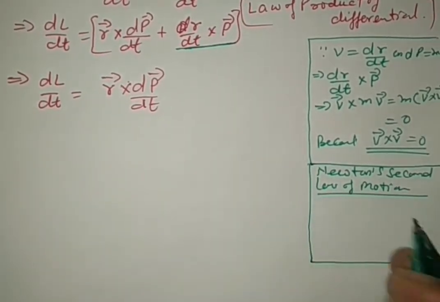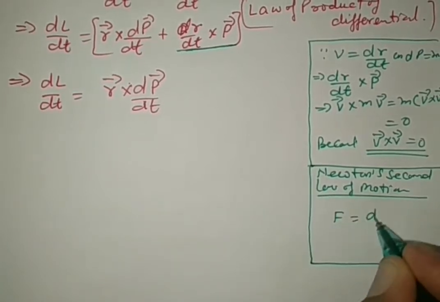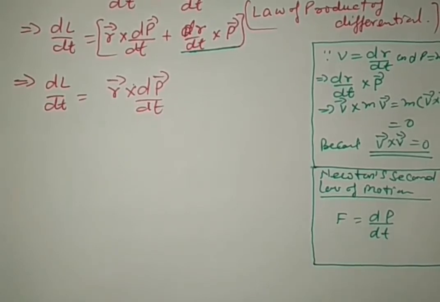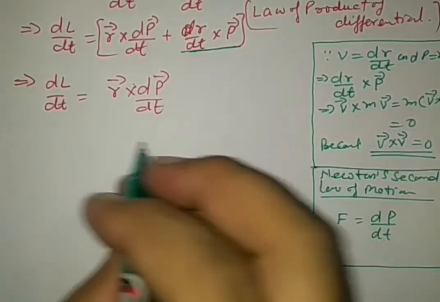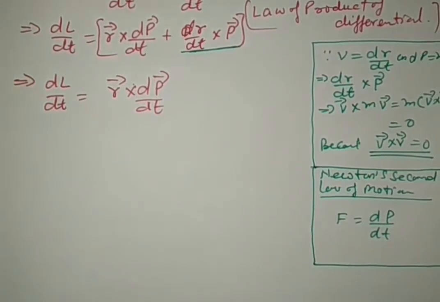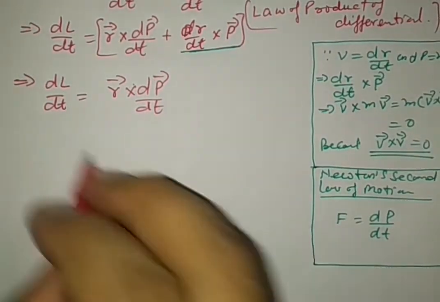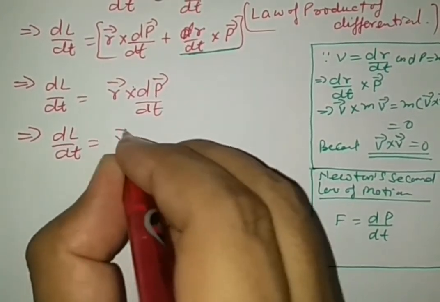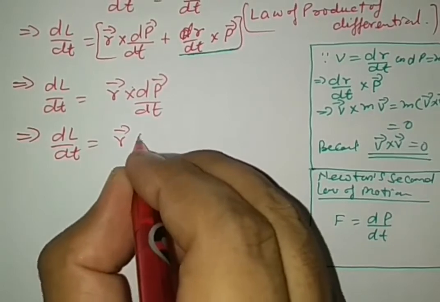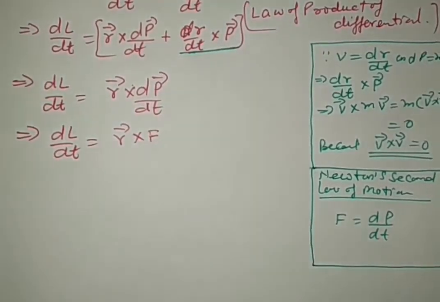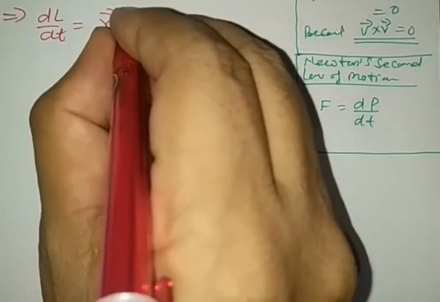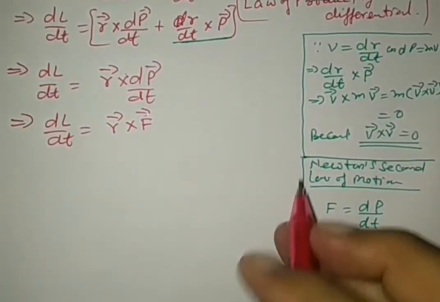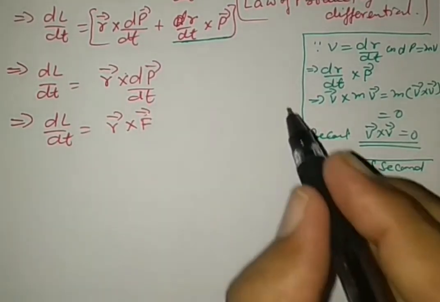What does Newton's second law of motion say? Force is equal to rate of change of momentum. In that condition, it is given as dL by dt is equal to vector r cross F, where F is force.